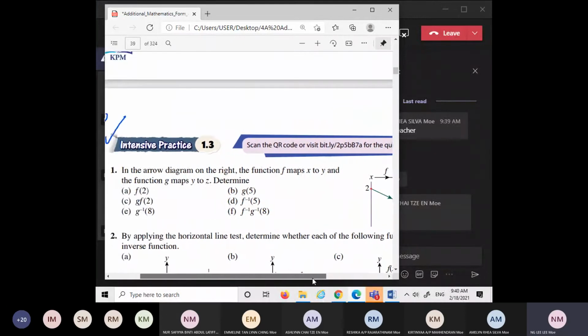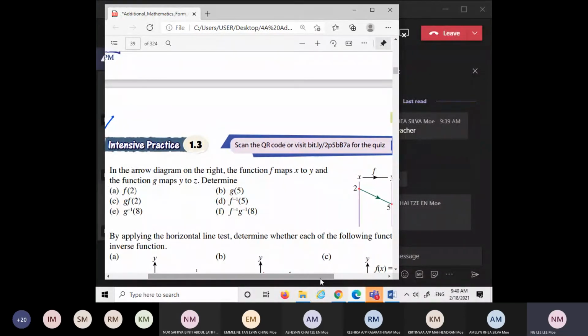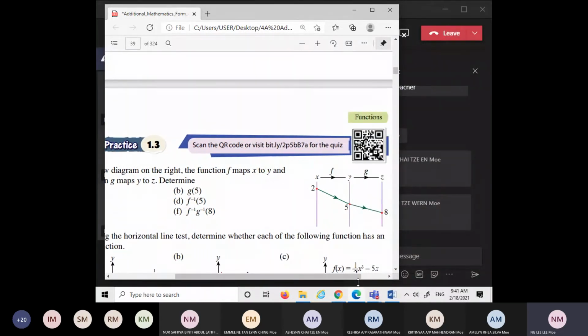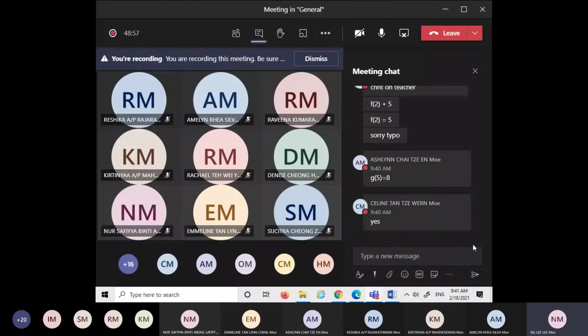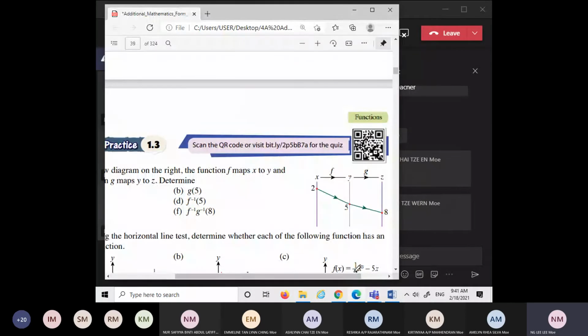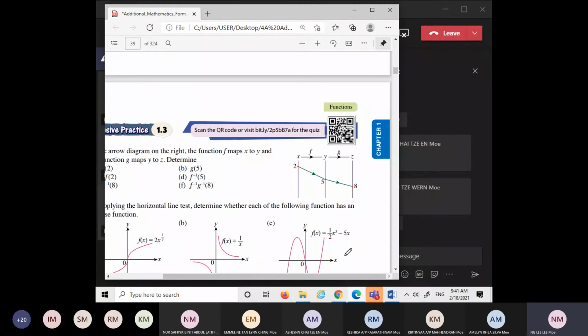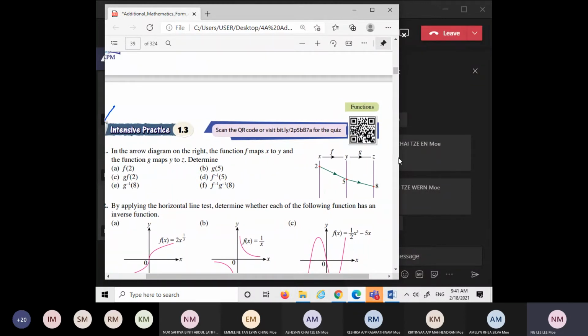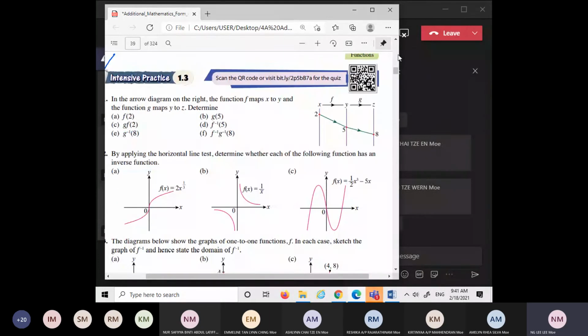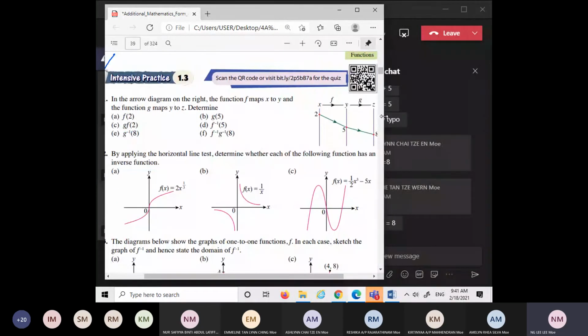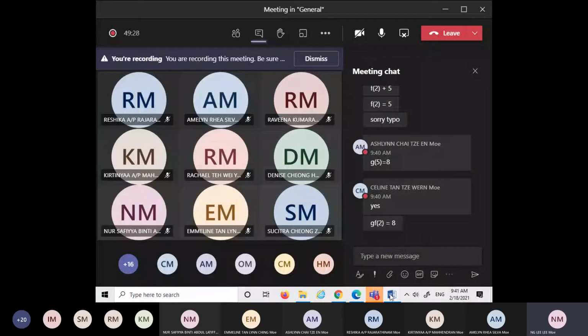Celine, you answer for C, gf(2). What's the answer? Okay, her answer is 8. Correct.